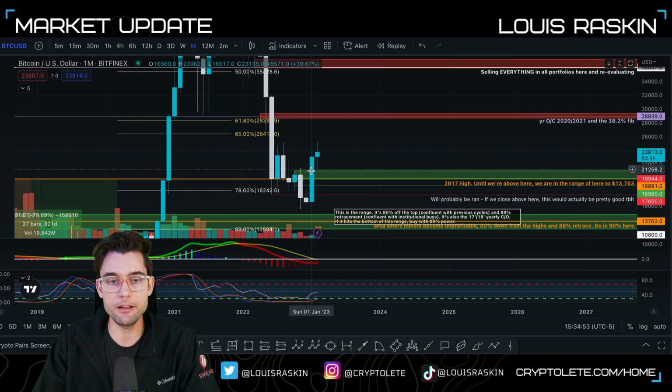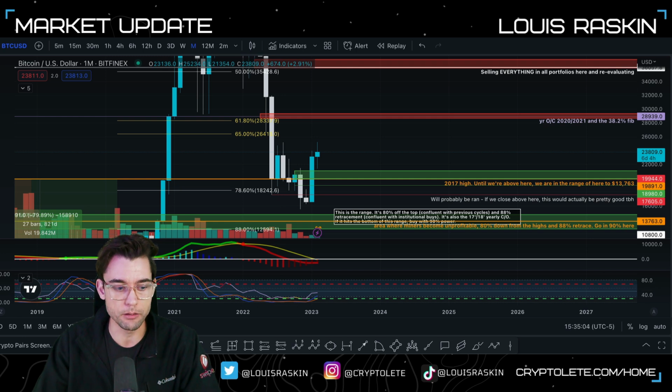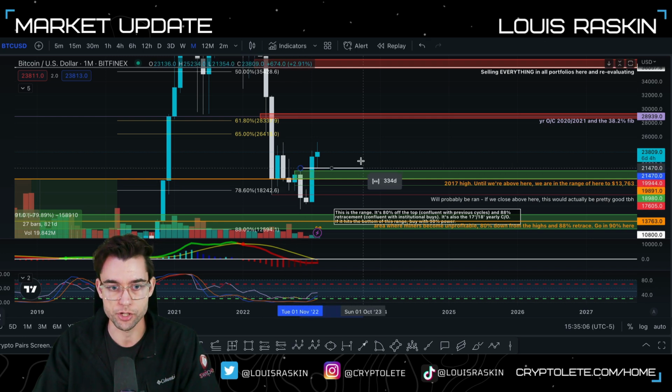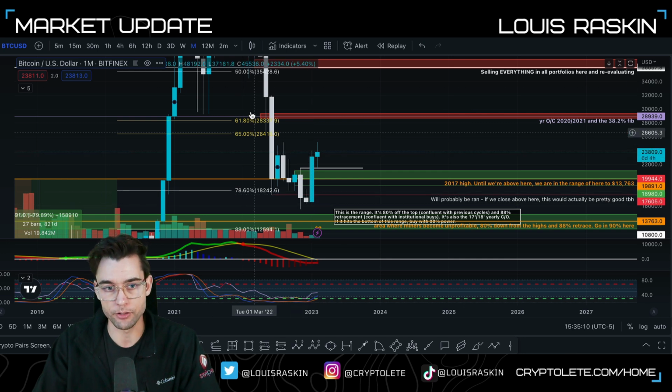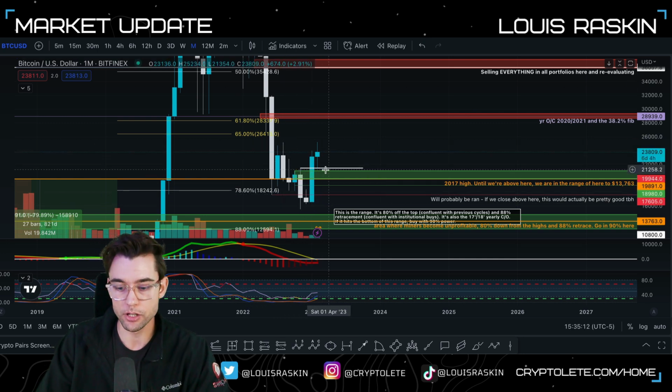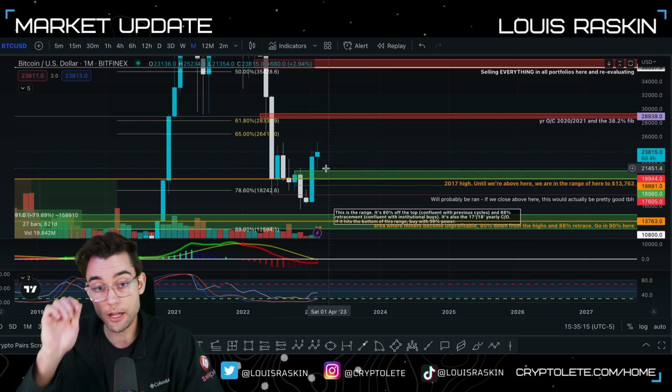So now we have the first higher high that we've had on the monthly chart since the top. And that is a really big deal because that signifies a break in the market structure, or a market structure shift, which happens when you create a higher high after a series of lower highs. And so now technically we are in an uptrend.